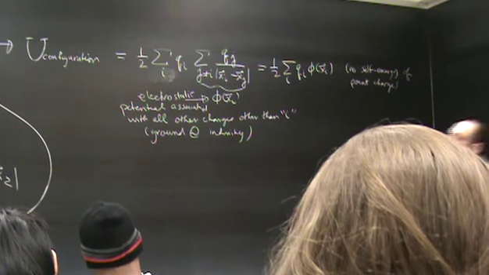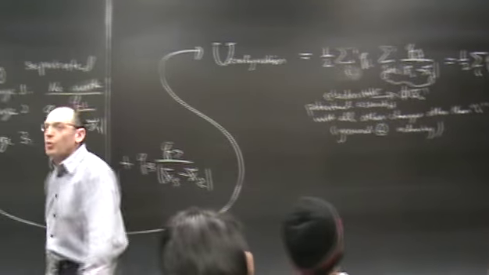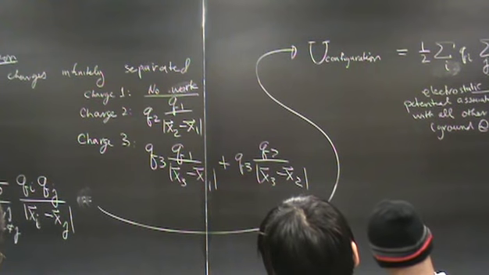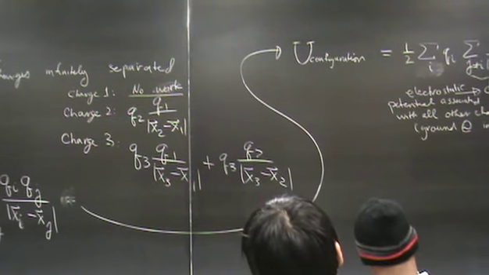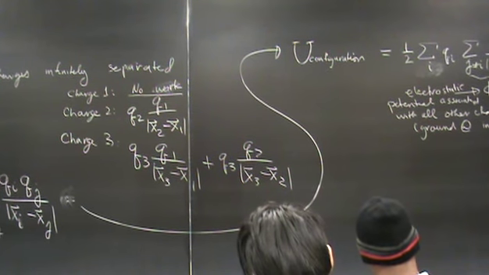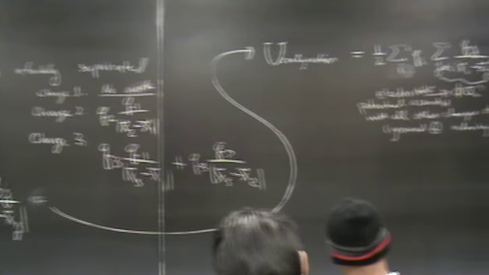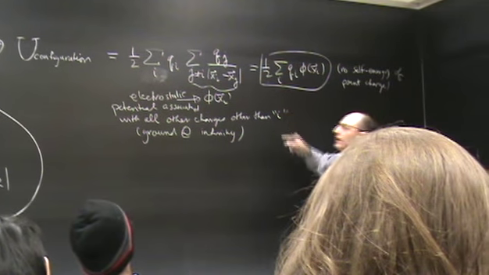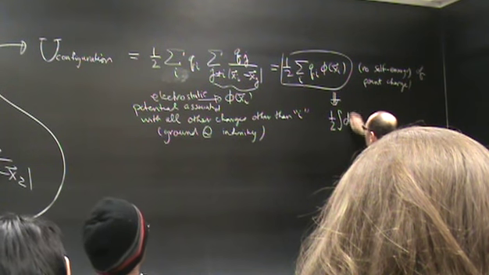That was implicit in the fact that it took no work to bring the original point charge in, so we didn't count the force against itself. Okay, so notice here, an important thing, or I can write this for a continuum.